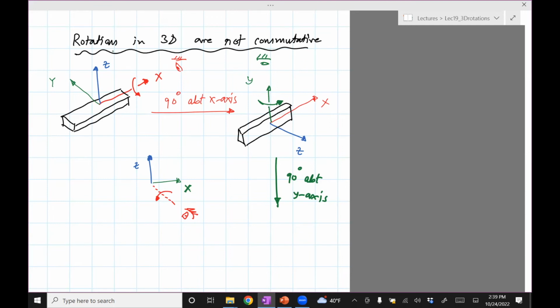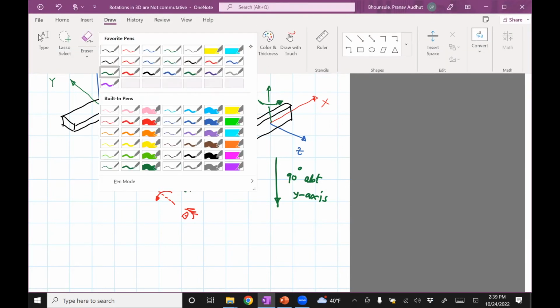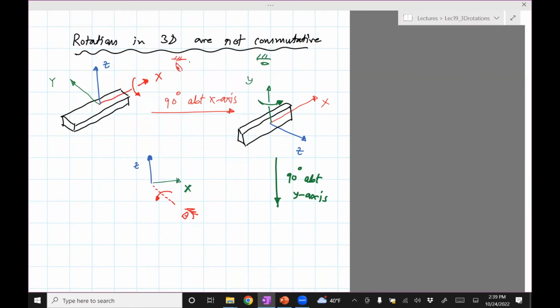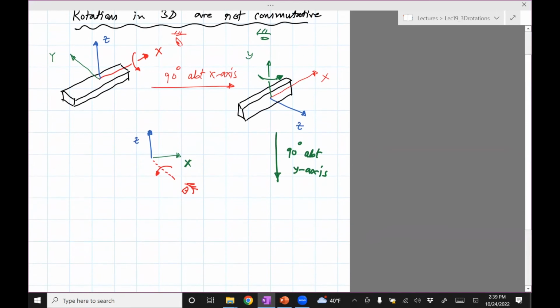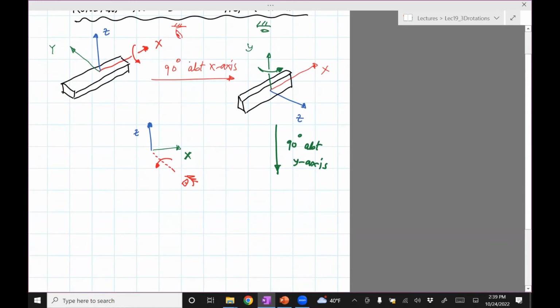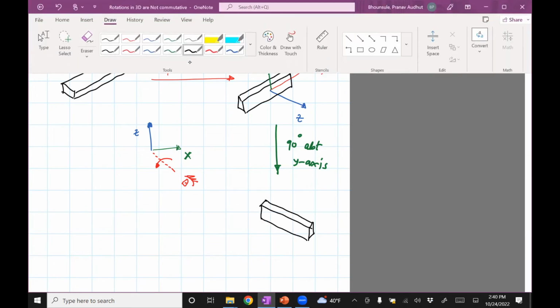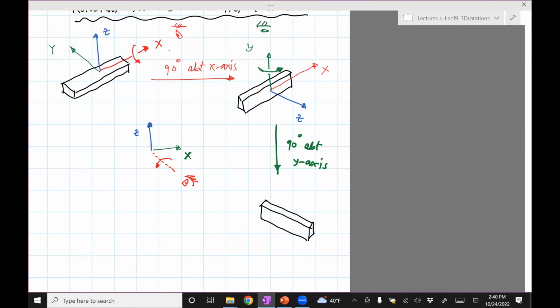If you do it that way, you will see that that's the top edge. So y is unchanged.